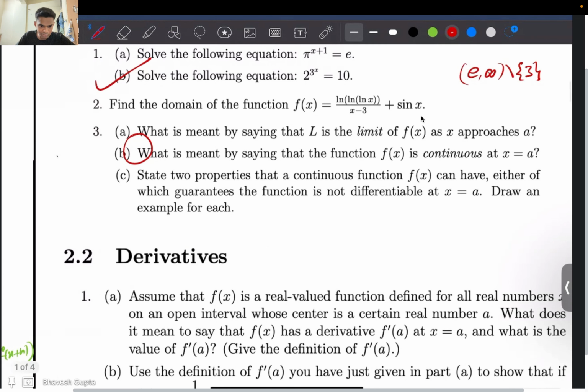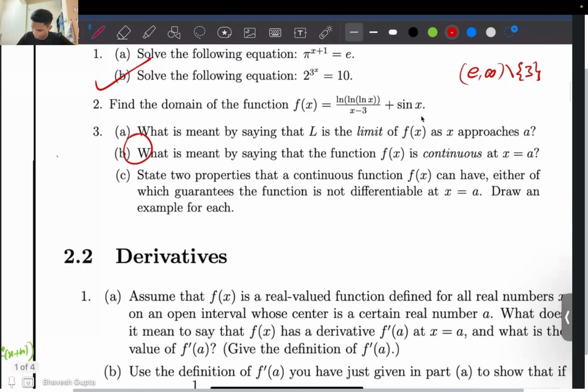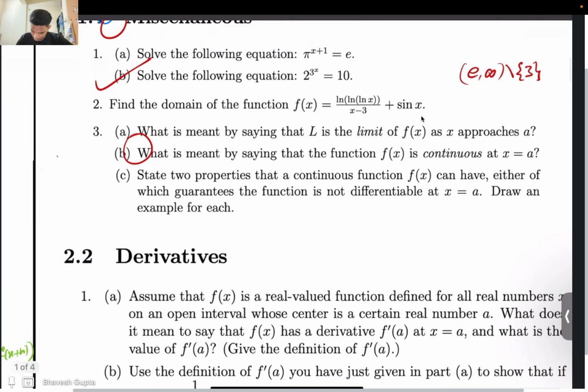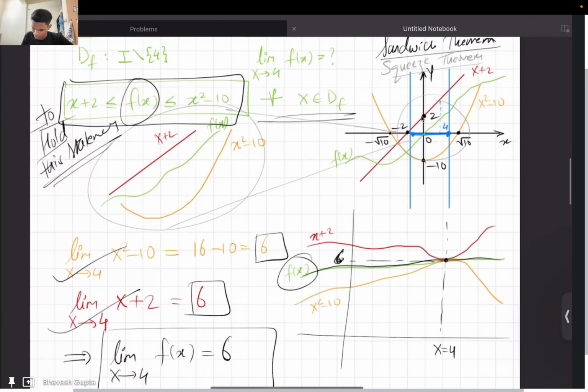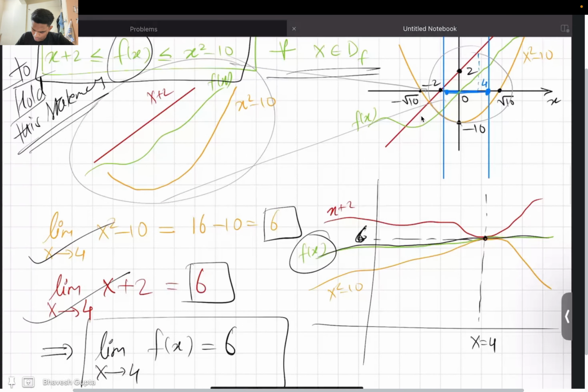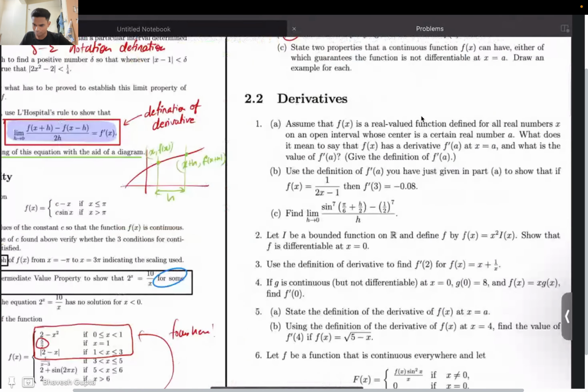Somehow I'm unable to change the page. Okay. So this was the page. Okay, now I can change.